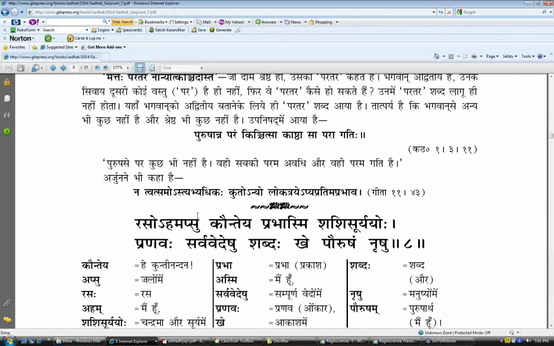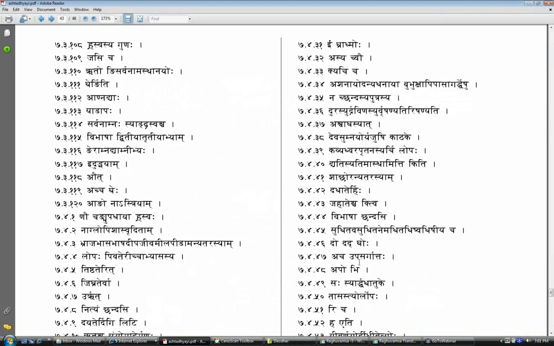Then apsu. So what this sutram, 7.4.48, is saying is that for this pratipadikam ap, if the pratyaya is a bhakaradi, which means those three, bhi, bhyas, bhyas, then the ap should become ad. It becomes adbhi, adbhya, adbhya. It comes in the Purusha Suktam, you must have heard that, right?